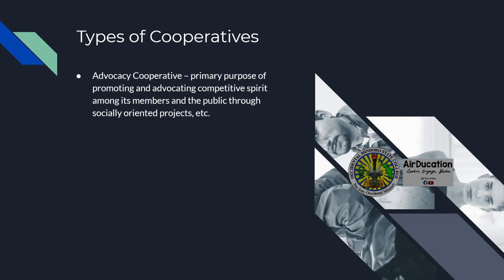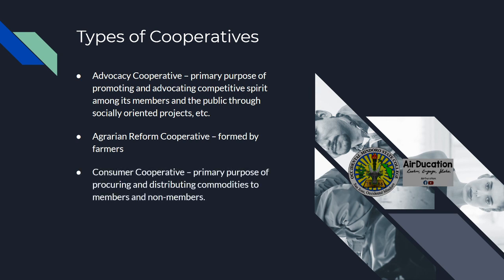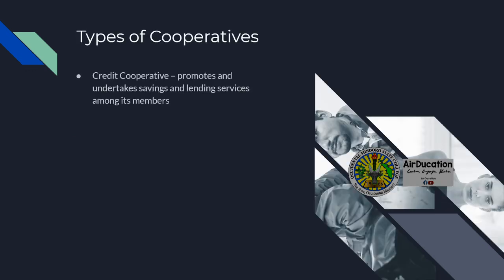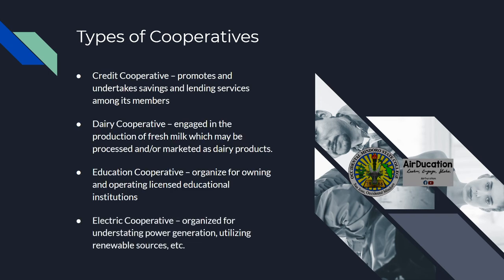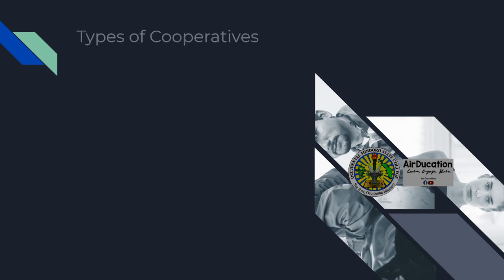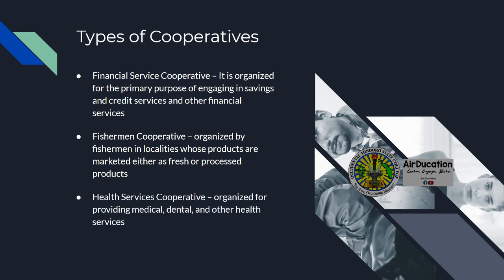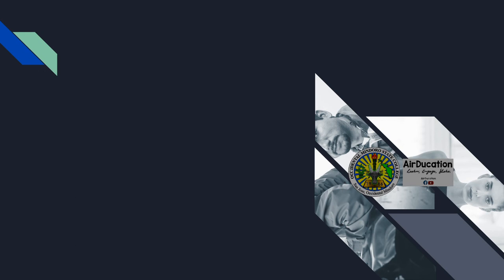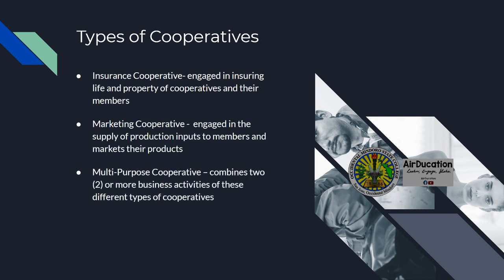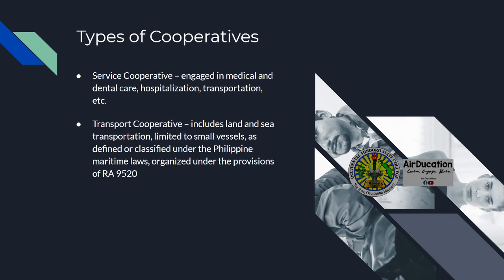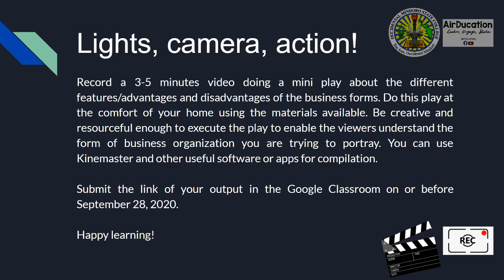For example, advocacy cooperative, agrarian reform cooperative, consumer cooperative, cooperative banks, credit cooperative, dairy cooperative, education cooperative, electric cooperative, financial service cooperative, fishermen, health services, housing, insurance, marketing, multi-purpose, producers, service, transport, workers, and so on.